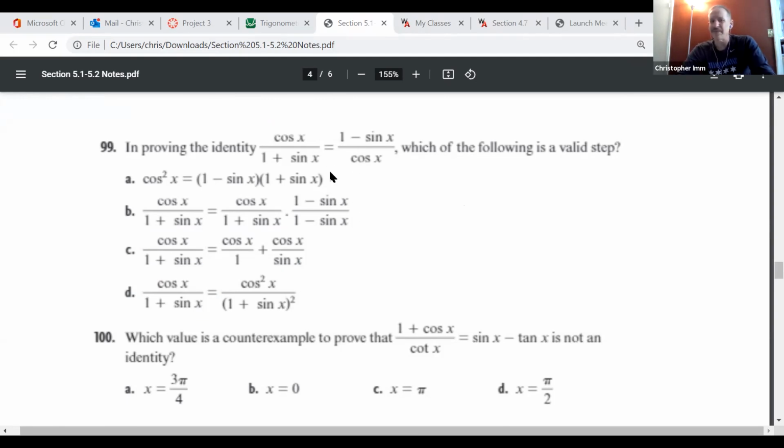So probably B would be more desirable in getting our identity done. If we multiplied by cosine in the numerator and denominator, we could have a setup like A. And what would happen if we did that? I'm trying to think. Then we could cancel out the 1 plus sine and we would have the same problem. So I really think B is desirable, but A would possibly work too.